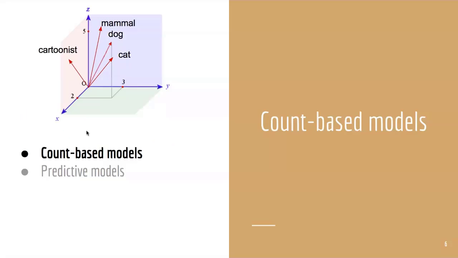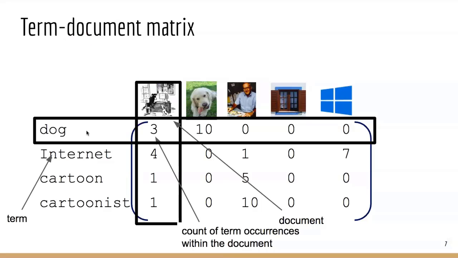Let's start with the most traditional model, that is count-based models. How do they work? This was briefly discussed in the introduction. Basically, one of the most common ways to represent a document or some kind of text is the term-document matrix, where the rows, as in this example, are going to be terms or words like dog, internet, cartoon, cartoonist.